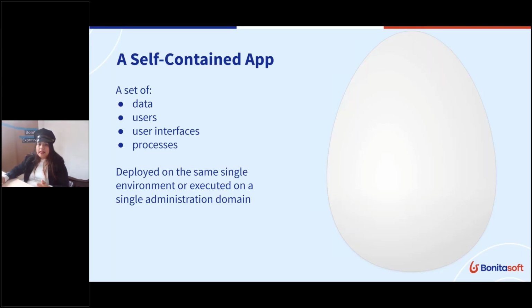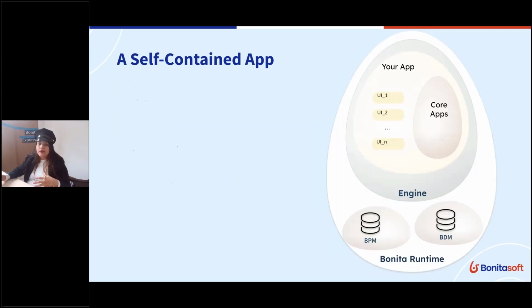If we take a look inside, it would look something like this. This unit already contains a runtime, the BVM and the BPM, the application and the engine, and also these core applications that are very useful, the super admin and the application list, which are useful no matter the application.